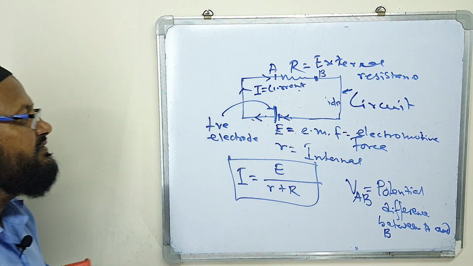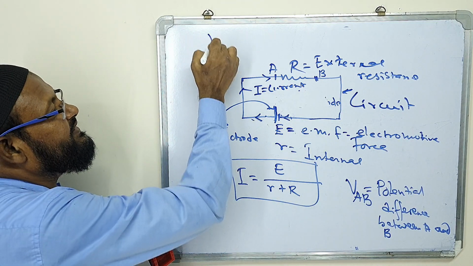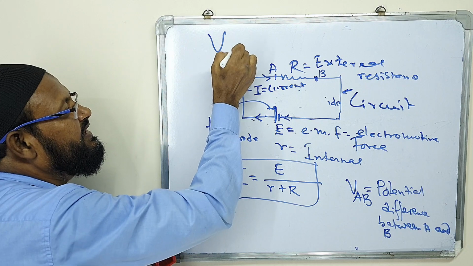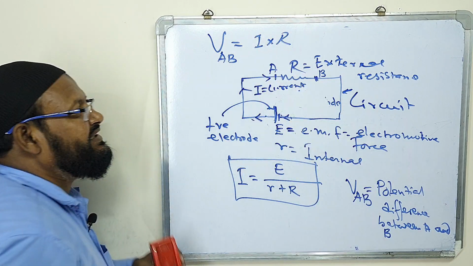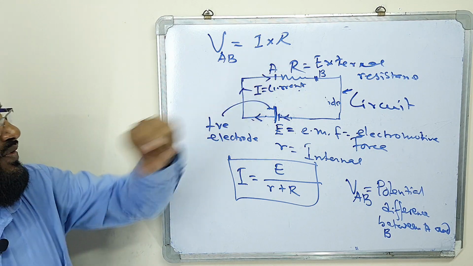What is the formula? Sir, VAB equals I into R. Potential difference is I into R.